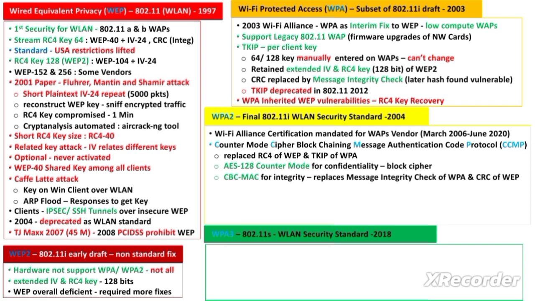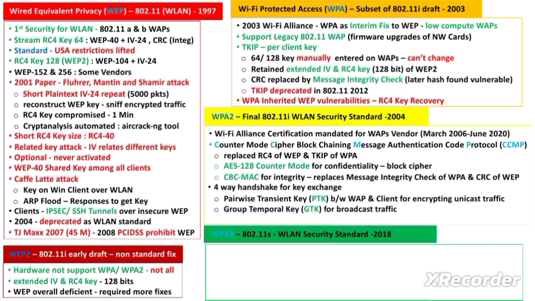Furthermore, CBC-MAC or cipher block chaining message authentication code was used for integrity, and it replaced the message integrity check of WPA and CRC or cyclic redundancy check of WEP. And there was a mechanism of four-way handshake for key exchange, and two types of keys were used.